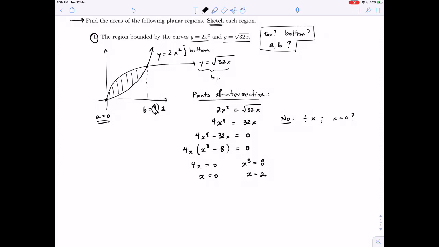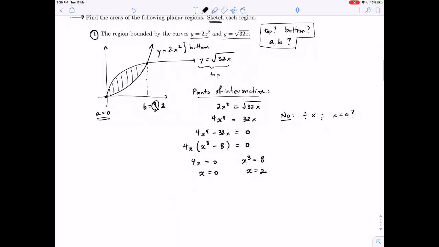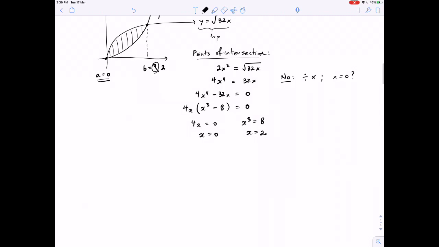So we now know the top function, we know the bottom function, we know the a and the b, and so we can use our formula. The area that we are looking for, let's rewrite the formula again, the area from a to b. I'll write it in its sort of memory aid fashion: the top of x minus the bottom of x dx.